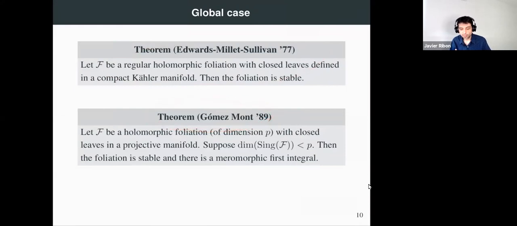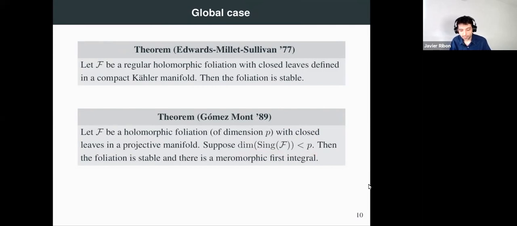By using more techniques that are more oriented to algebraic geometry, we have this result by Gomez-Mont of '89, in which he shows that if you have a holomorphic foliation of dimension p that has closed leaves in a projective manifold, because he needs that property, he needs to use the Hilbert scheme of manifolds of dimension n minus p, and if you suppose that the dimension of the singular set is less than p, then the foliation is stable.